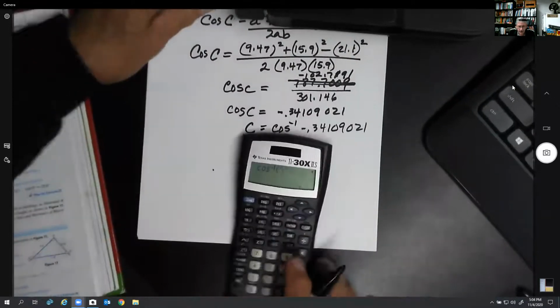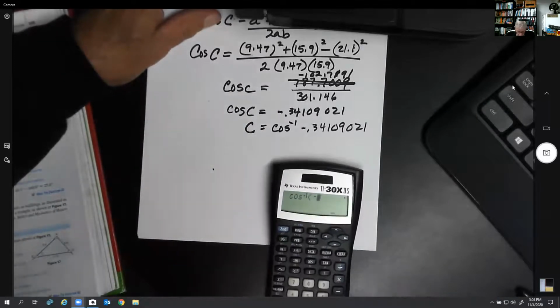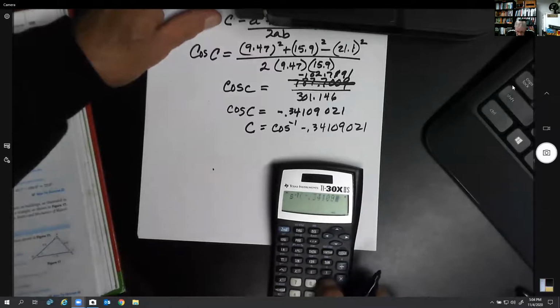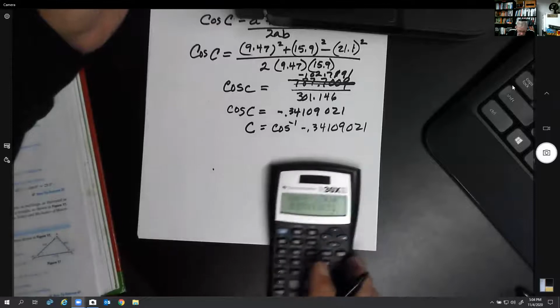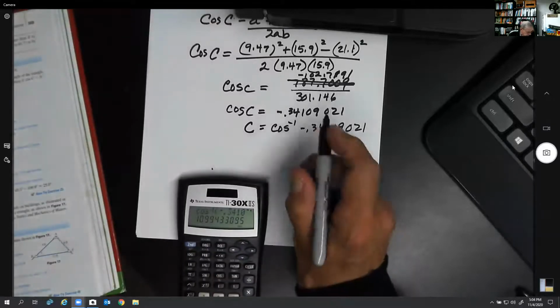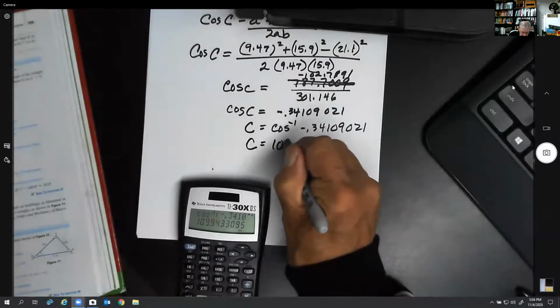Let's move this up. Negative 0.34109021. Lots of manipulation. That's all you're really doing. And I come up with 109.9. So that's what the angle is equal to.